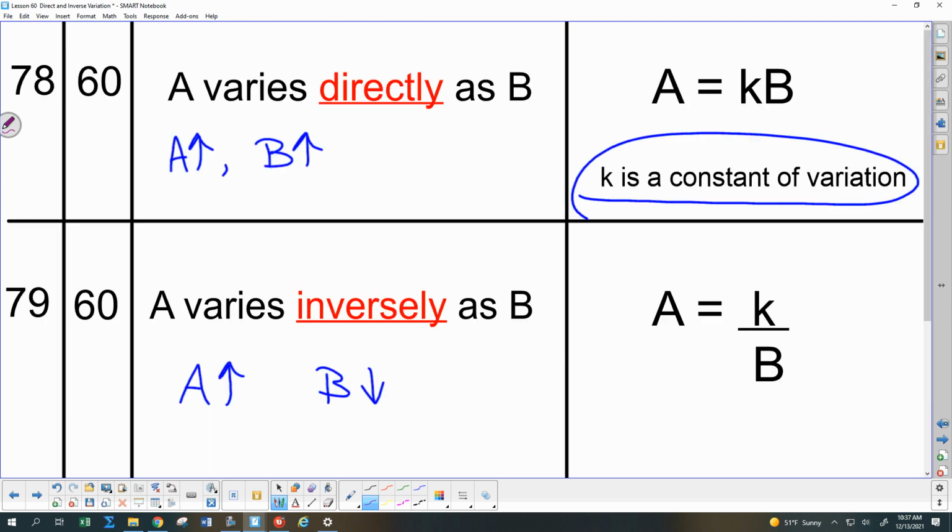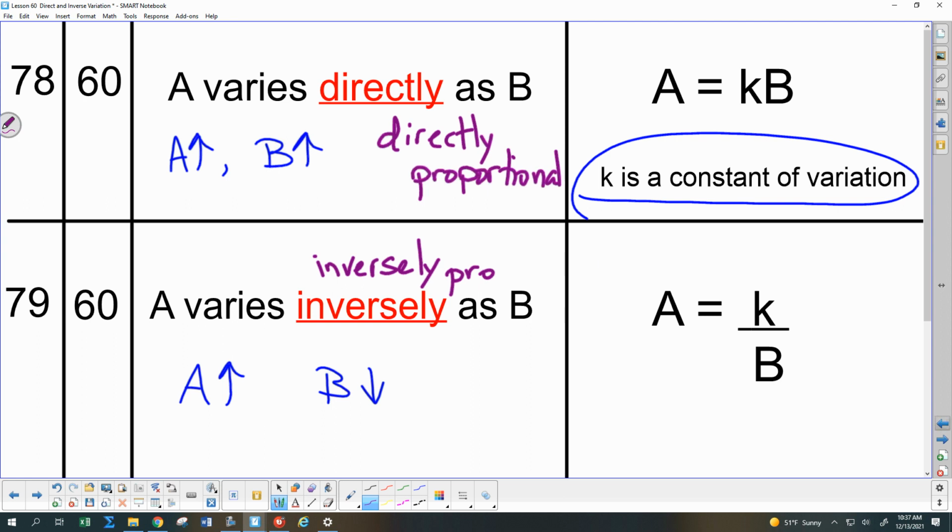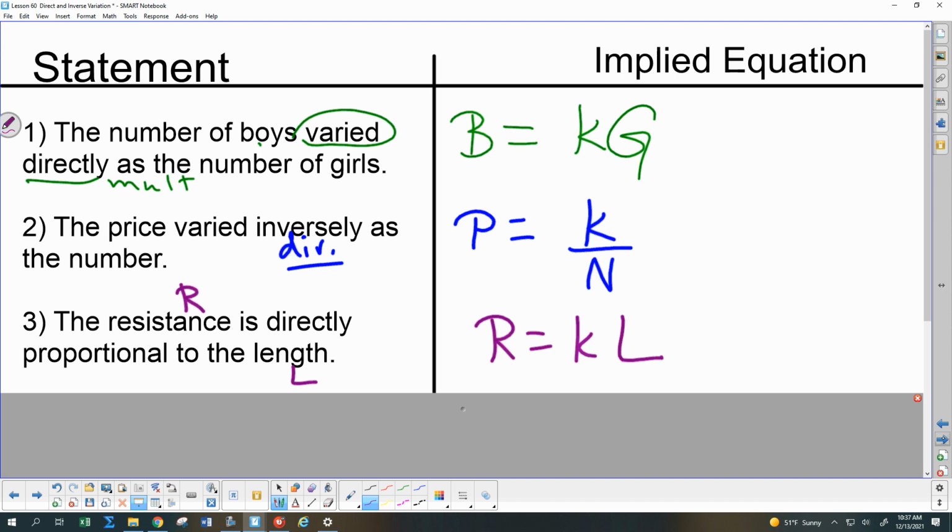Synonyms are directly proportional. Synonym here could be inversely proportional. Means exactly the same thing. So good job picking up on that one, on the synonym in the English language.